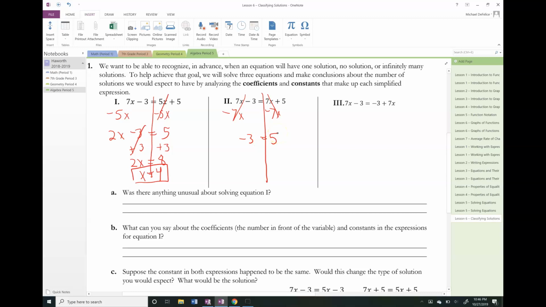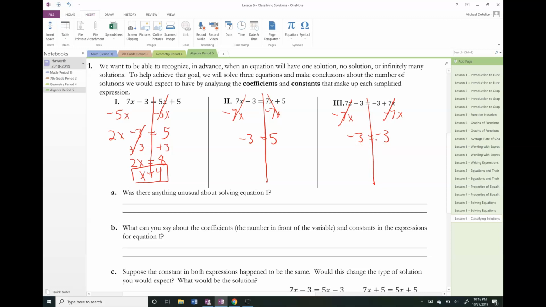That's interesting, and we're going to talk about that in the discussion questions that follow. For the third equation, again I'm going to subtract 7x on both sides, and I get two zeros again: negative 3 equals negative 3.